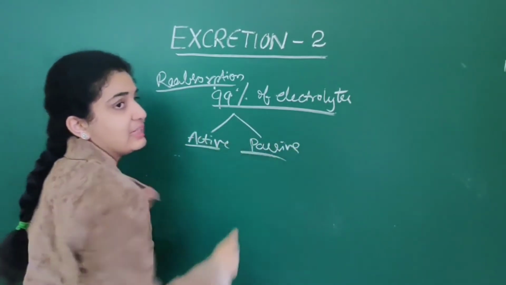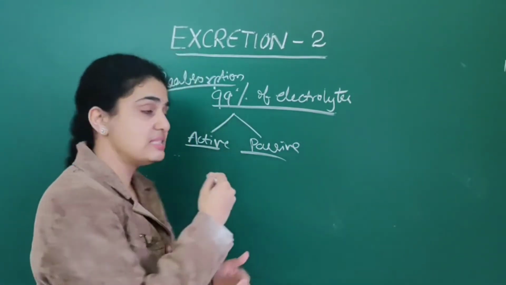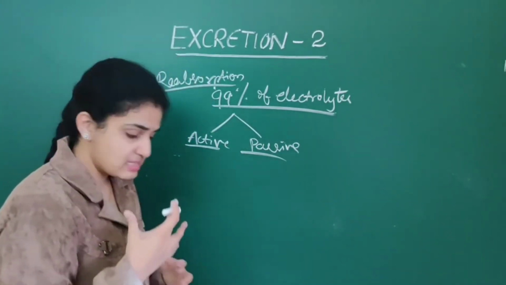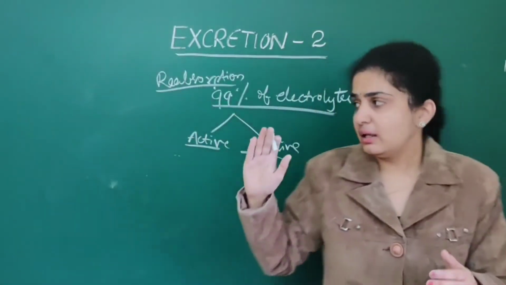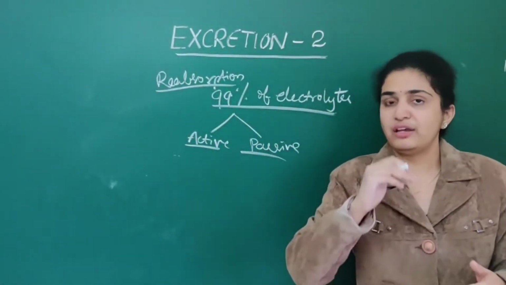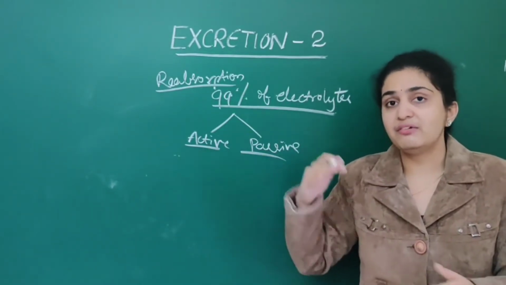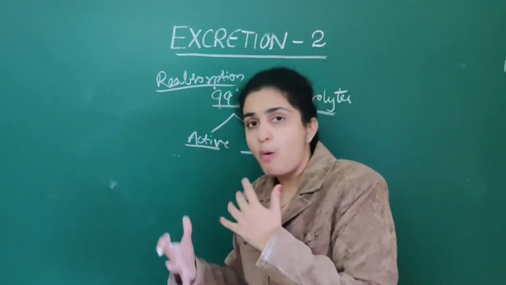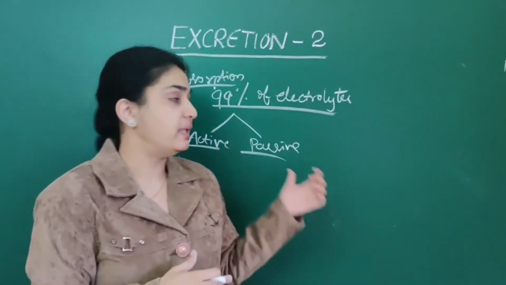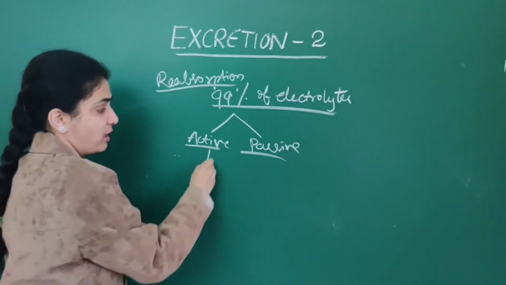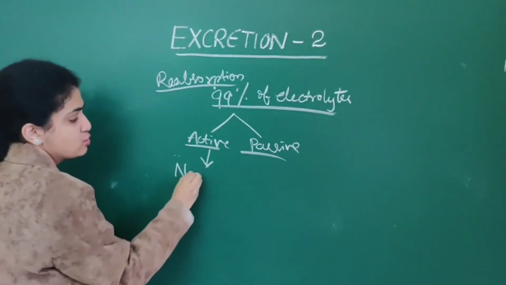Active means it will take place against the concentration gradient. Normally the electrolytes will flow in one direction, but in the active mechanism it will take place in the opposite direction, that is against the concentration gradient. So what are absorbed through this active mechanism?